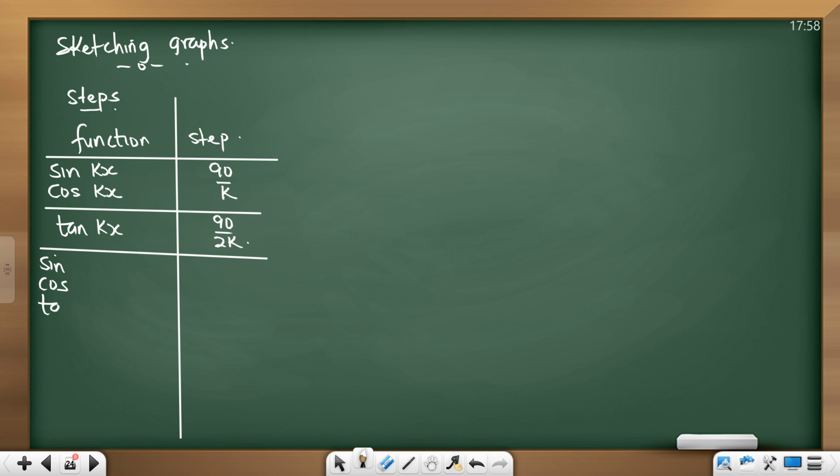Ninety over k for both sine and cos, and 90 over 2k for tan.